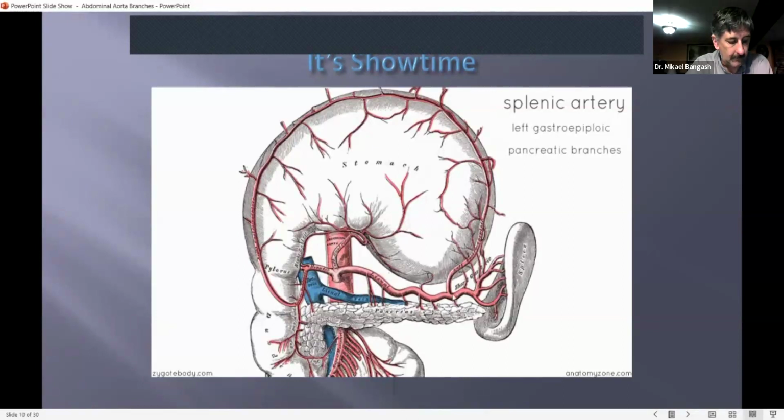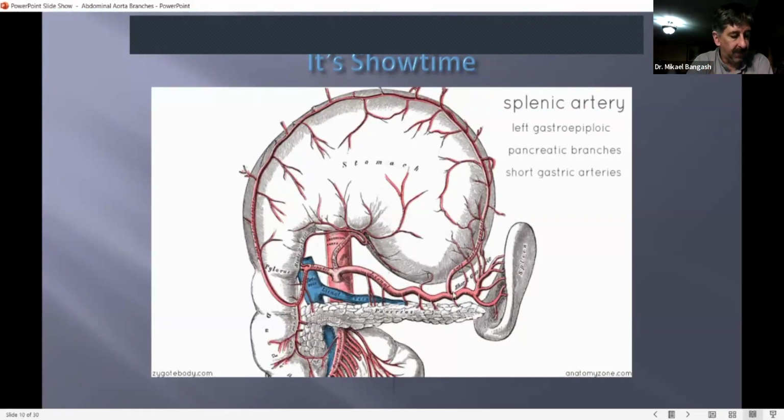So just before the splenic artery enters the hilum of the spleen, it gives off some short vessels, which are called the short gastric arteries, and these supply the fundus of the stomach. So you can see these vessels coming off here, and this area of the stomach is the fundus. So we've got the splenic artery with its branches supplying the neck, the body, and the tail of the pancreas.